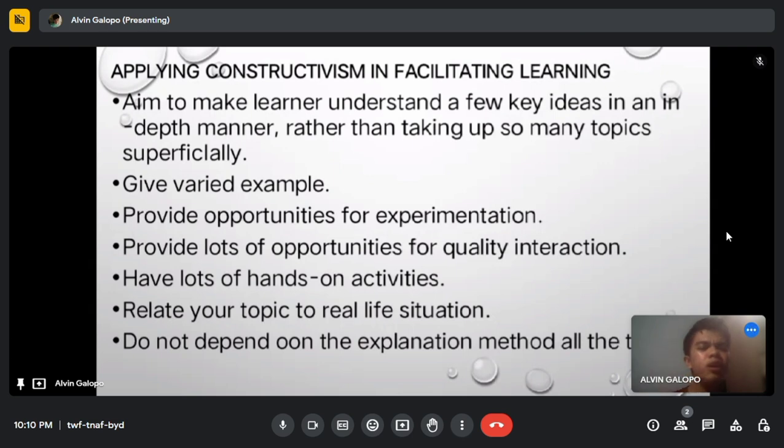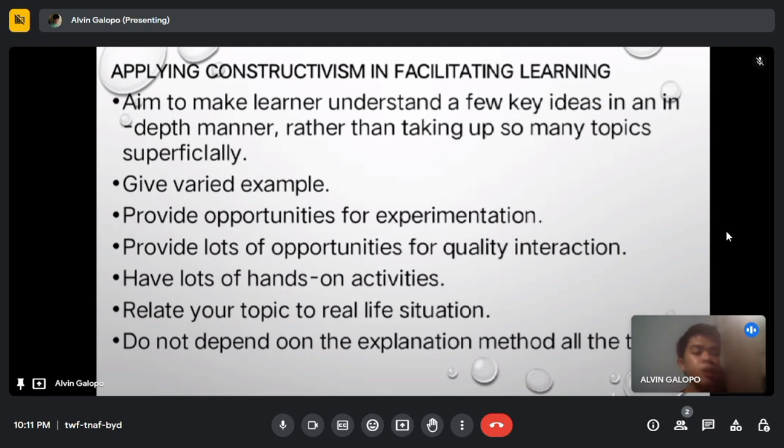Through this, we can have quality interactions and relate the topic to a real life situation. Relating our topic to real life situations can have a big impact on our students, where they can deeply understand our lessons. And lastly, do not depend on the explanation method all the time.